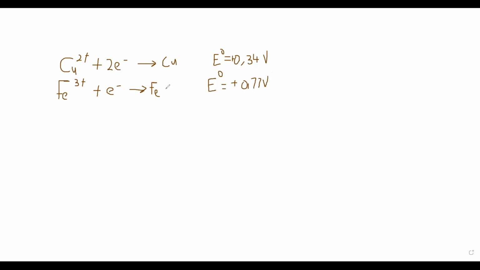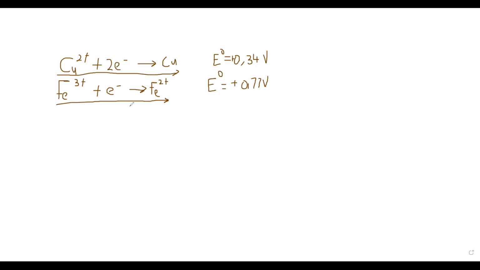So in this situation, since we know that copper is our cathode, that means copper is gonna get reduced. So we're gonna leave the equation like this as it is on the table. But since iron is our anode and it has to be oxidized, this is a reduction half reaction, so we have to change it to an oxidation half reaction.